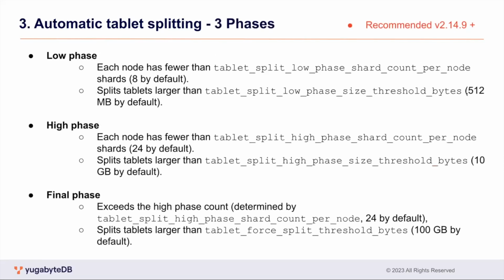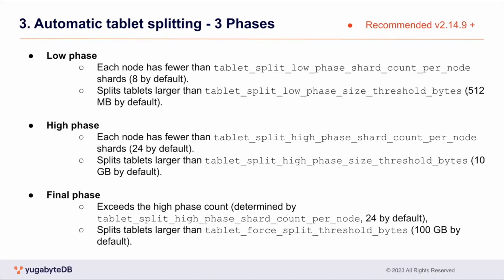In this case, there are 3 phases. What we call the low phase, of course, is defined by this flag, so you can change it. This is just the default one. The low phase means if you have less than 8 tablets, then it will split the tablets which are bigger than this.